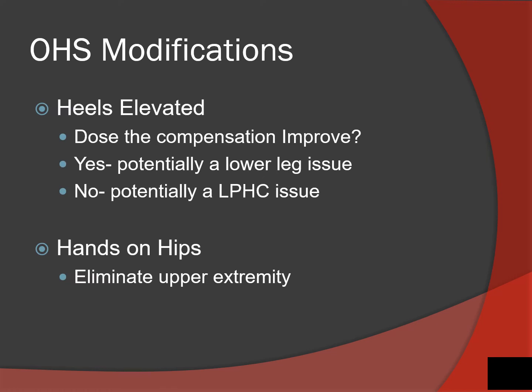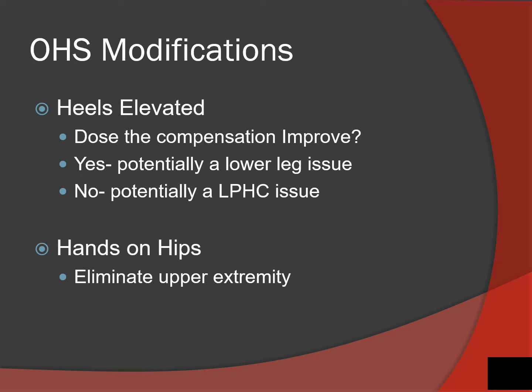Like I said in the previous slide, I do a modification for the overhead squat assessment. If someone is having some type of compensation, I will take a piece of 2x4 and put it underneath their heels, and I look at whether it improves the compensation. So let's say someone's falling into valgus, or externally rotating when they're doing the squat.